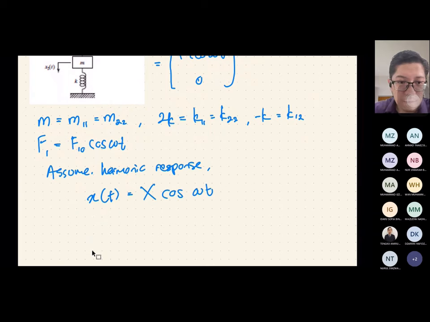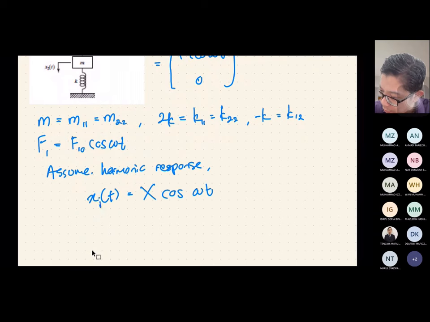Now, since we are dealing with the numbering here, so we have M1, M2, we define in terms of the position. So in terms of the harmonic response, since there are two x, we have x1, x2, it means it's 2 degrees of freedom.